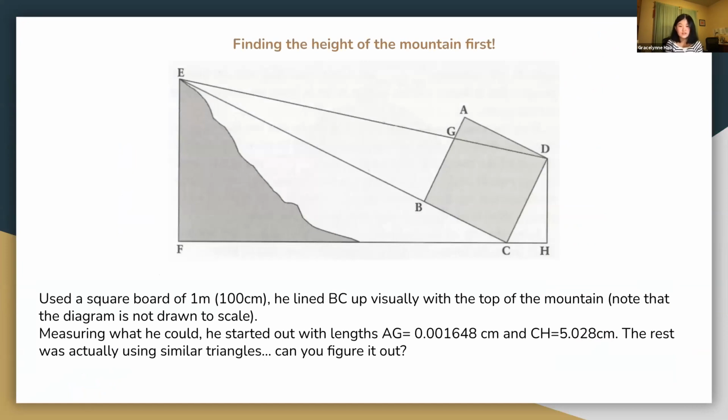Okay, so first, as you may recall, I said that he used the height of a nearby mountain. While no one could find what exact mountain he used, as names have changed throughout history, the overall process was that he used a square board or cube of about 1 meter in all dimensions, which is also 100 centimeters, since we will be switching between both measurements.